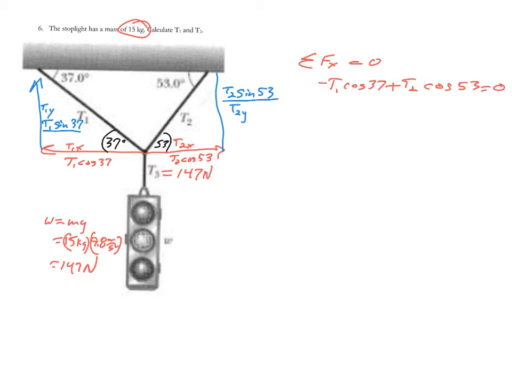I think you guys have figured out by now I'm going to have to isolate. So T2 equals T1 times the cosine of 37 divided by the cosine of 53.